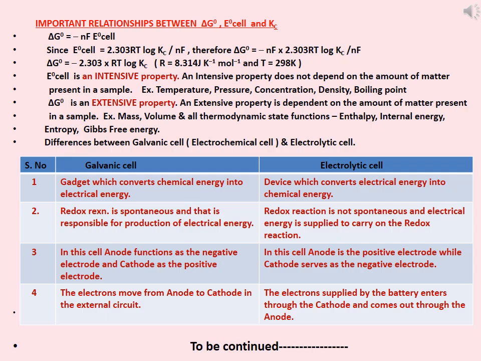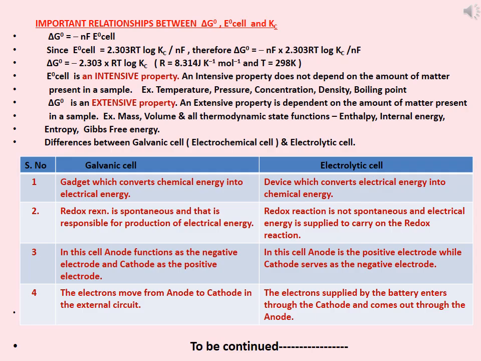Examples are volume, mass, and thermodynamic state functions like Gibbs free energy, entropy, enthalpy, internal energy, etc. So one should know how to differentiate between intensive and extensive properties. Hence, E naught cell is an intensive property, while delta G naught, the Gibbs free energy change in the standard state, is an extensive property.